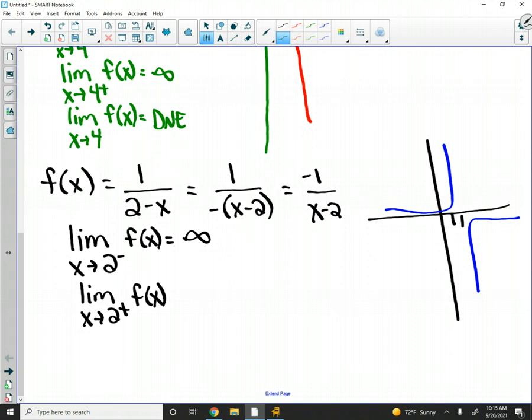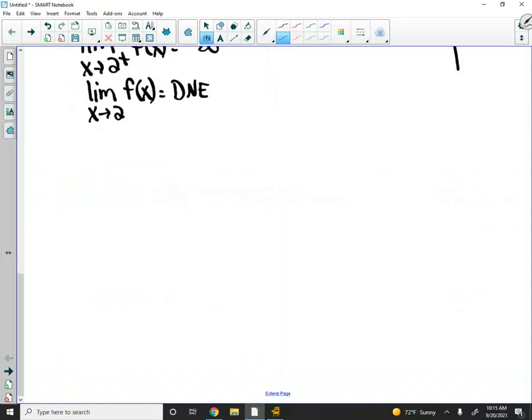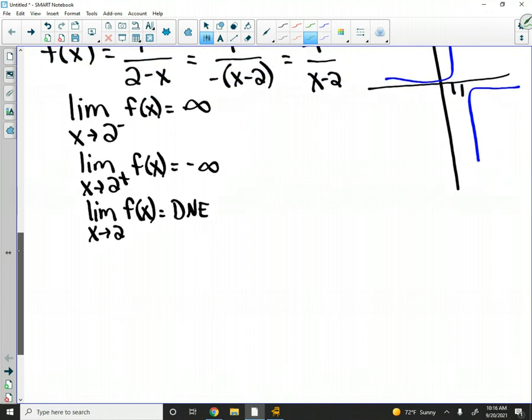So come at it from the right-hand side. Answer? Okay, good. And then we want the overall limit, the true limit. The limit as x approaches 2. And what's that answer? There we go. Let me tweak this a little bit more. You're going to be able to graph some really complex things when you think about that, just that parent function.